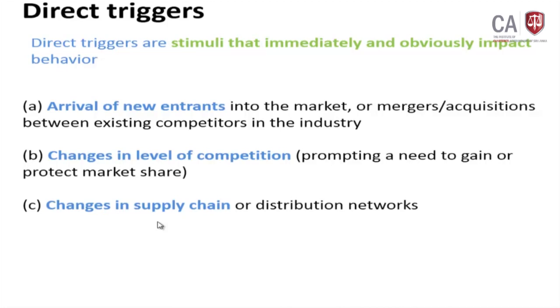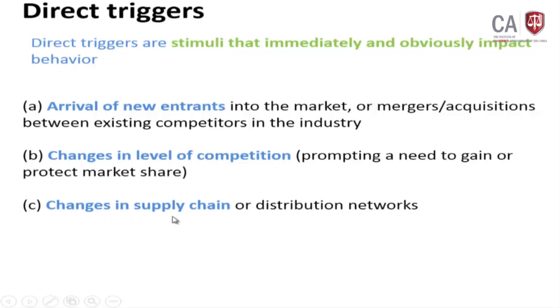Let us say Toyota or Mitsubishi, there are so many brands. Those companies have acquired a market share, so they are protecting it and doing different activities to protect it, otherwise they will lose the market. So, based on the changes in the level of competition, that triggers, because there can be more competition.